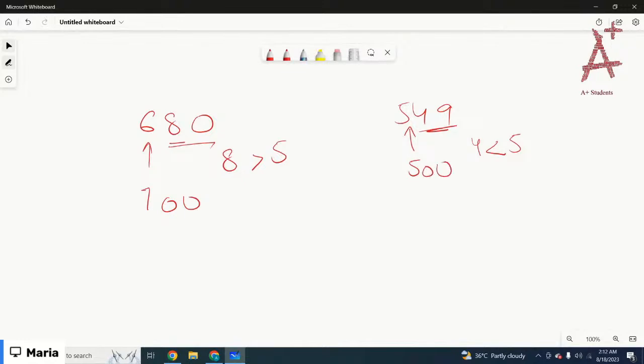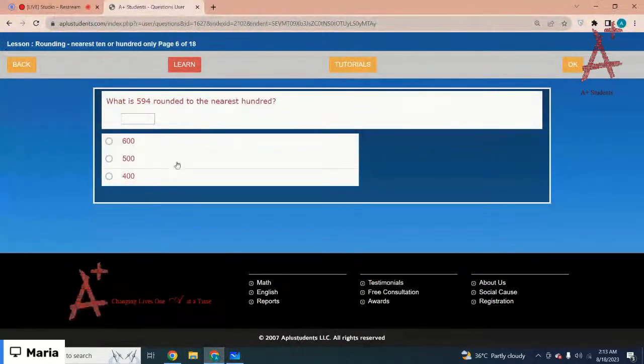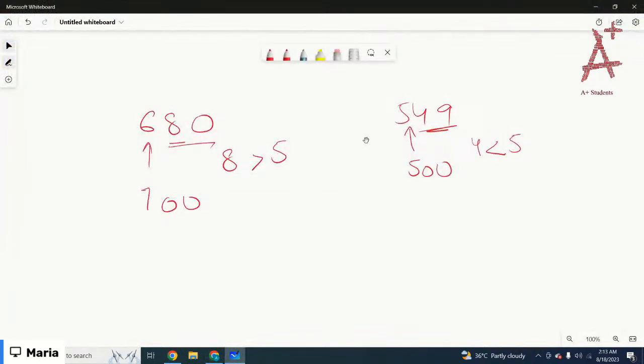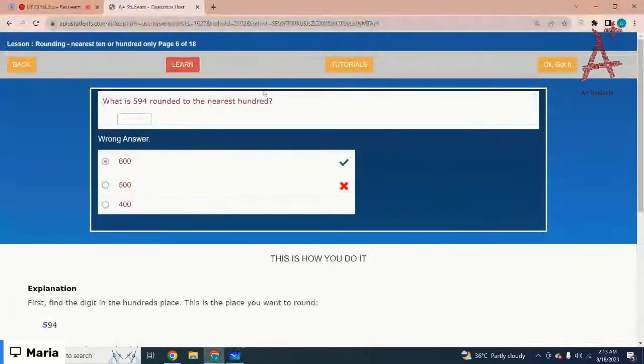So it would be rounded off to 500, right? So 549 is rounded off to 500. Oh, it was 594. If it was 594, it would be rounded to 600, right?